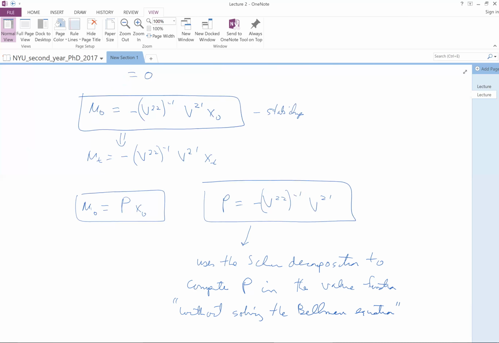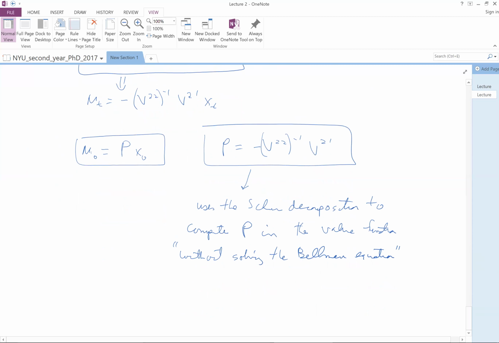So that's it. That's the whole story. This is how we solve the problem using a Lagrangian, and being very careful about the stability requirements that we need.